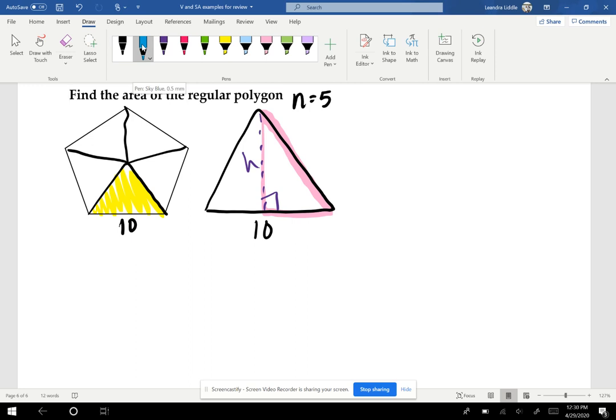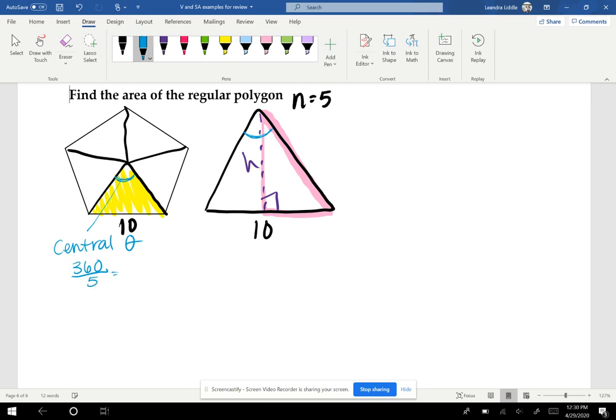Since this is a regular polygon, we know how to find different angle measures inside of it. The one I'm going to use is the central angle, because that's the same as right here. To find the central angle, we do 360, because all of these add up to 360, and then divide by the number of sides, so 5.